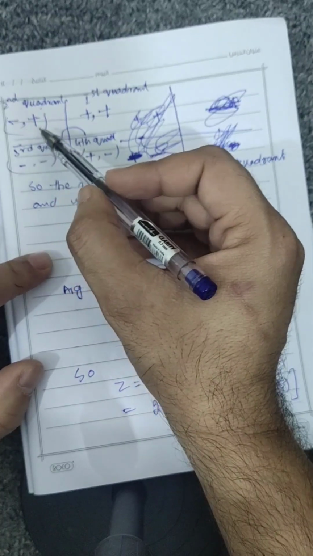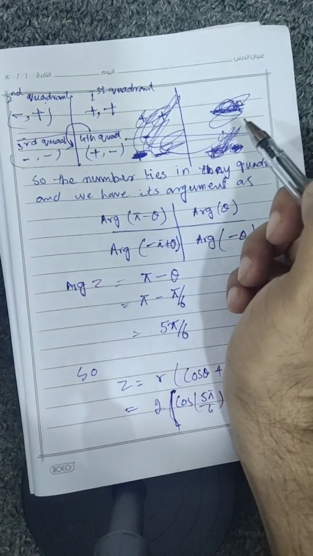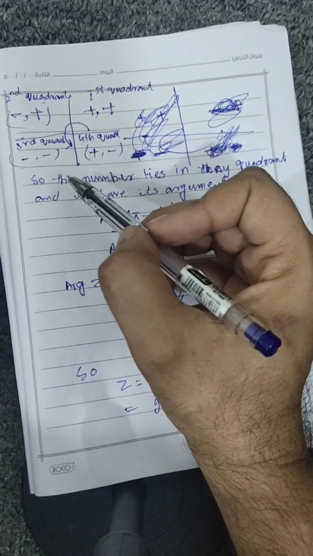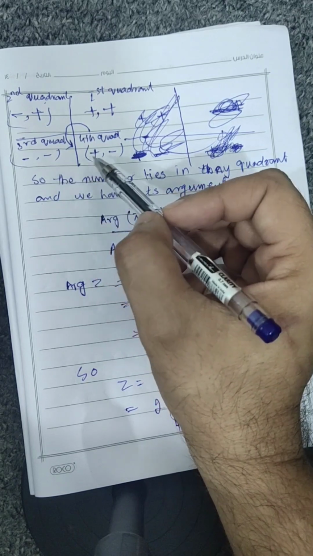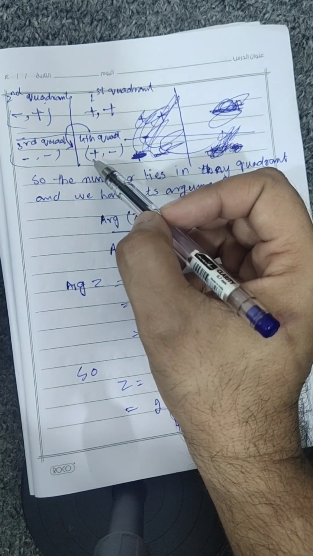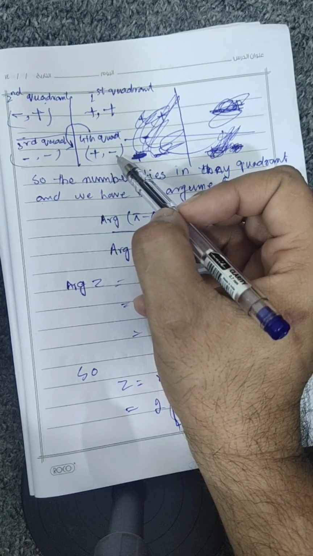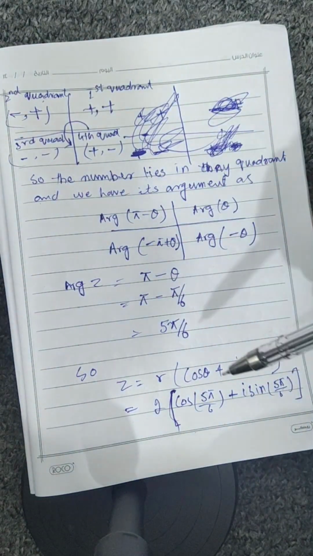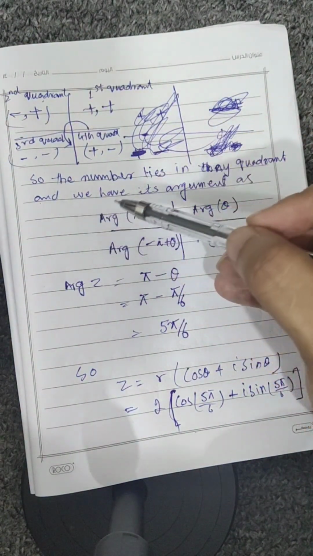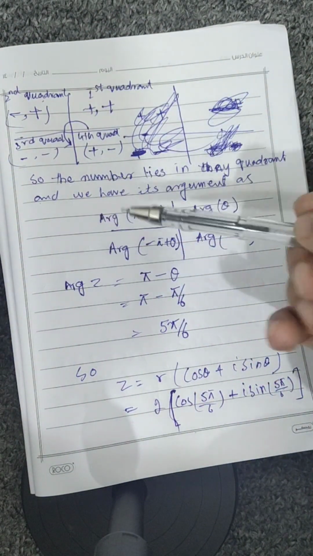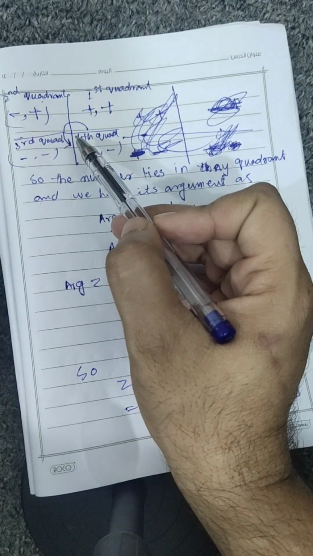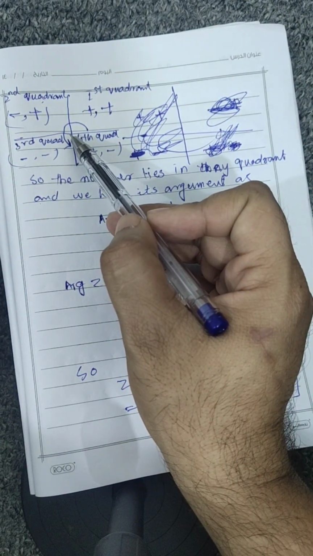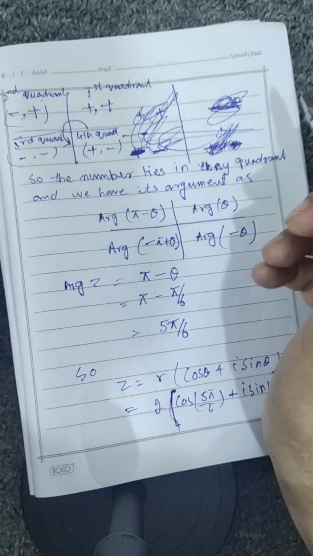In the second quadrant x is negative and y is positive, in the third quadrant both x and y become negative, and in the fourth quadrant x becomes positive and y becomes negative. So here x is negative and y is positive, which means our complex number is lying in the second quadrant.